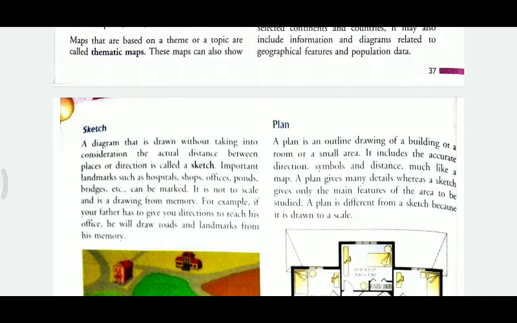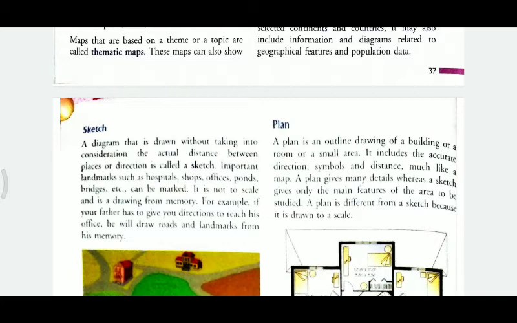They show only main features like school, bridges, ponds, houses, shops. A plan is different from a sketch because it is drawn to a scale. And dear student, a plan is different from a sketch because a plan is based on scale.